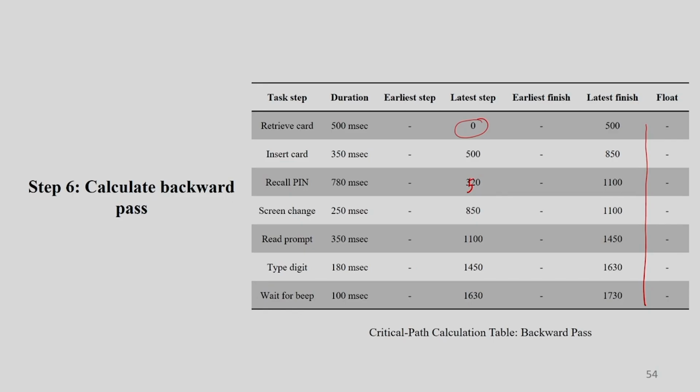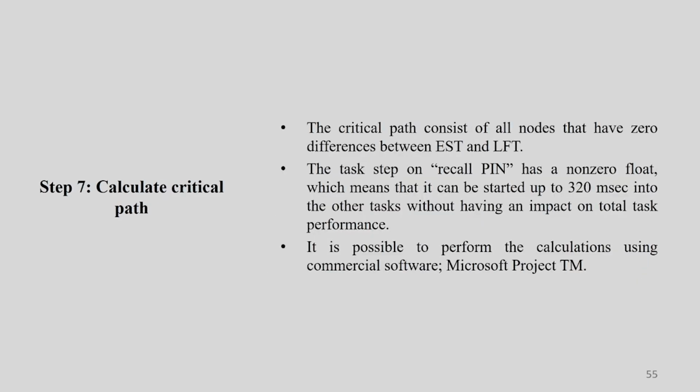This is called the backward pass. Now once this table is ready, you have to identify the critical path. The critical path consists of all nodes that have 0 difference between EST and LFT. So the earliest and latest, that portion you have to find out.